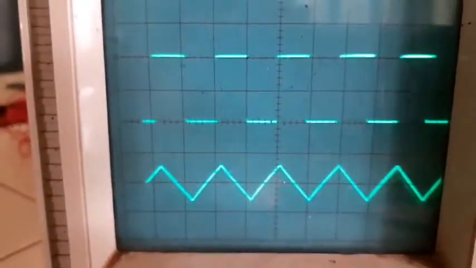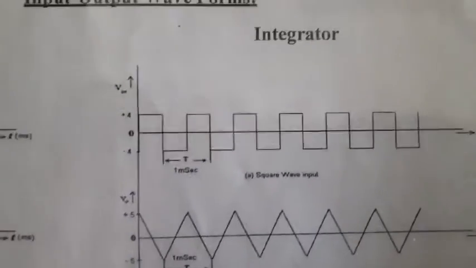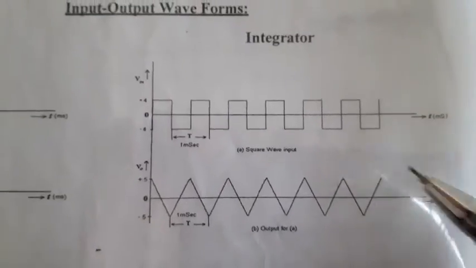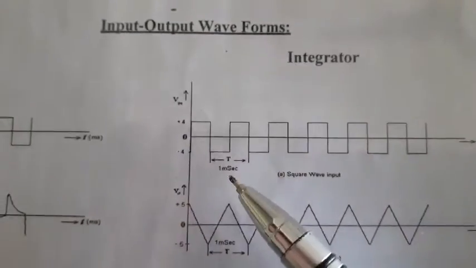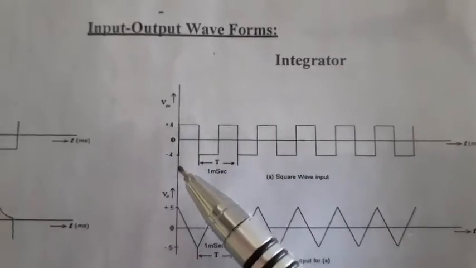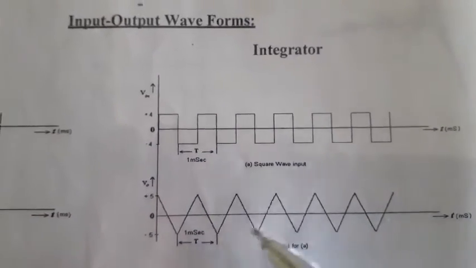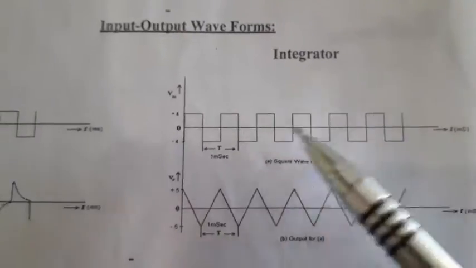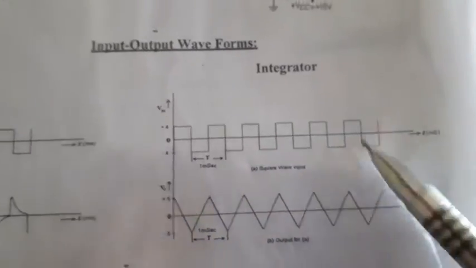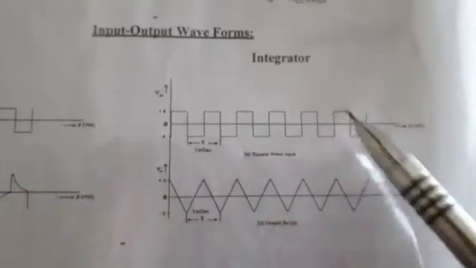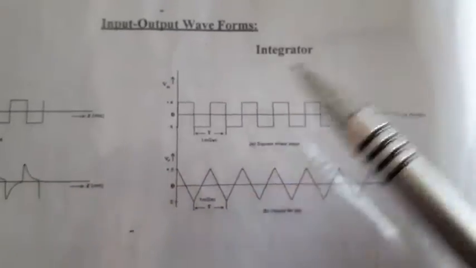So this CRO output, if you compare it with your manual waveform, it is coming out to be same. This is your input of 1 millisecond, 4 volt peak to peak, and here also this is your output waveform. So we have obtained same waveforms when you compare it with your manual. So we are done with differentiator and integrator.